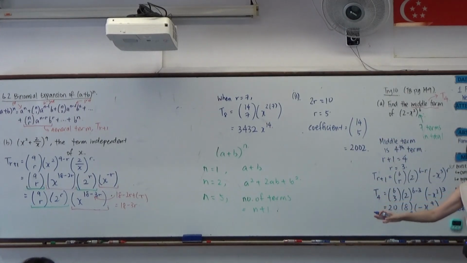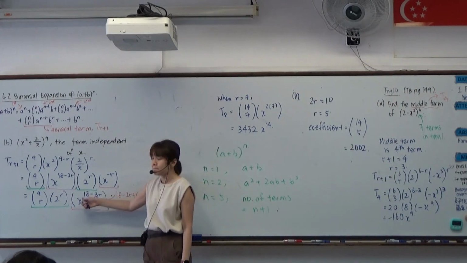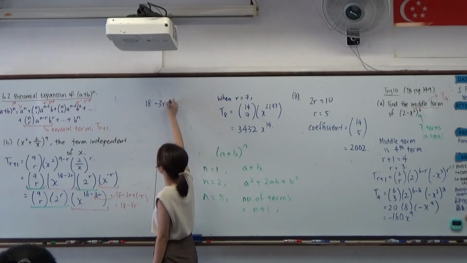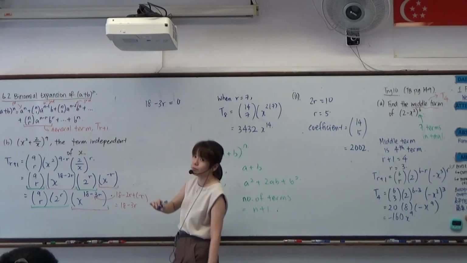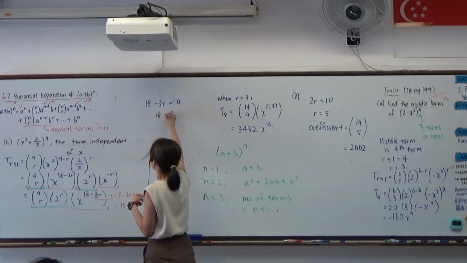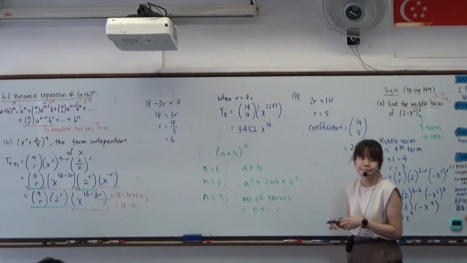Simplified to that already, I have a single base of x. I want independent of x, so 18 minus 3r is the part that needs to be 0. Then I can figure out what is the value of r.